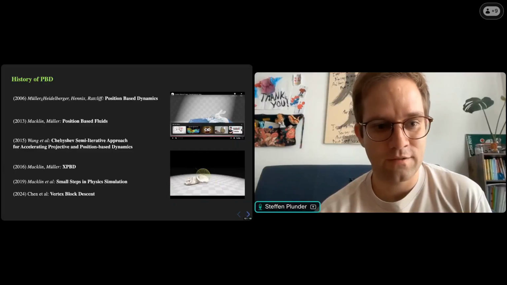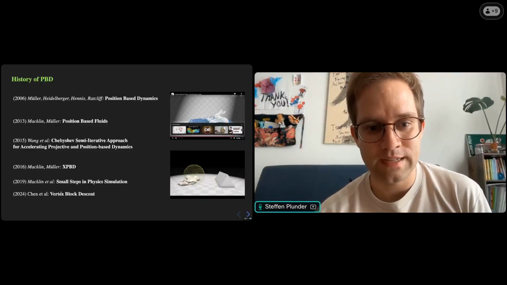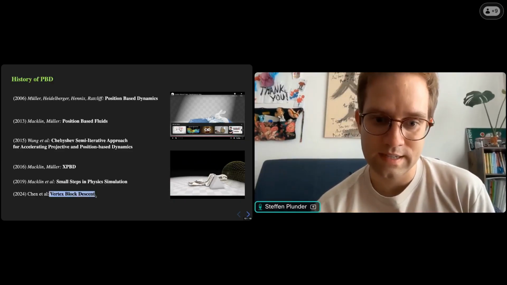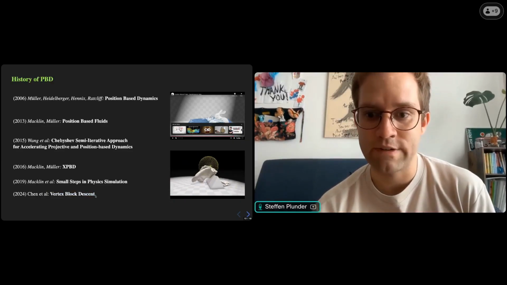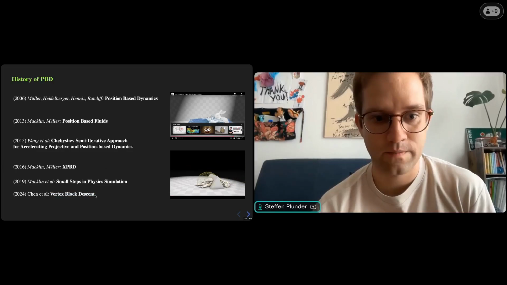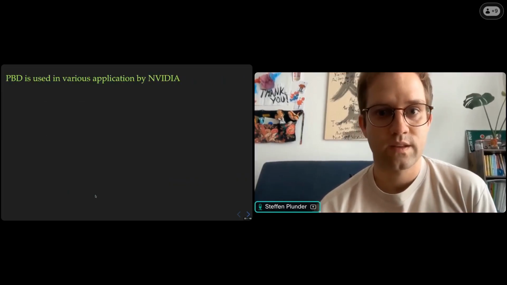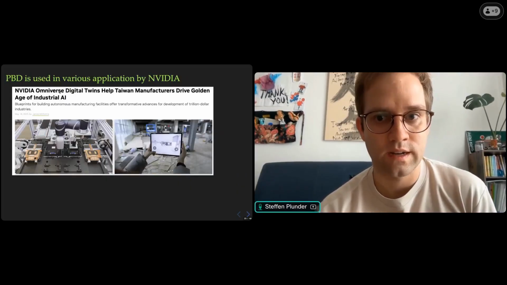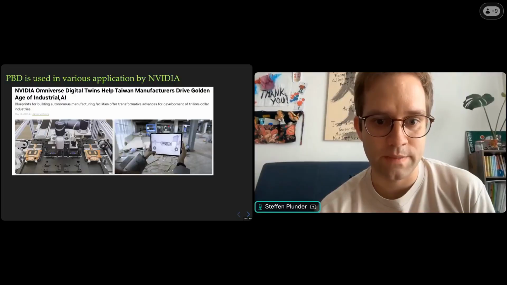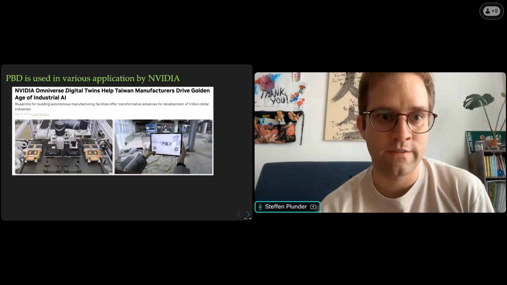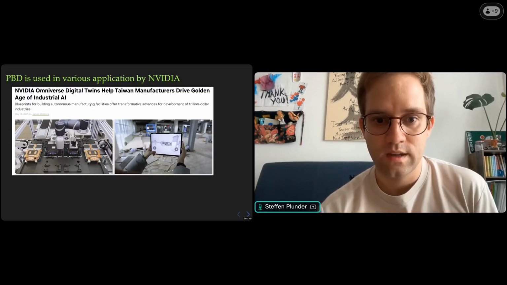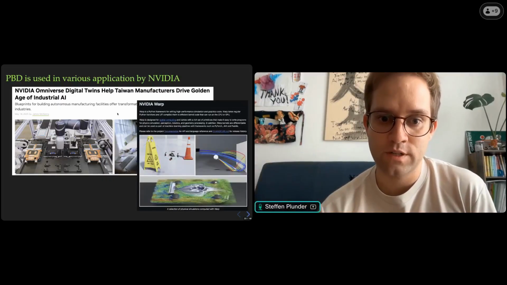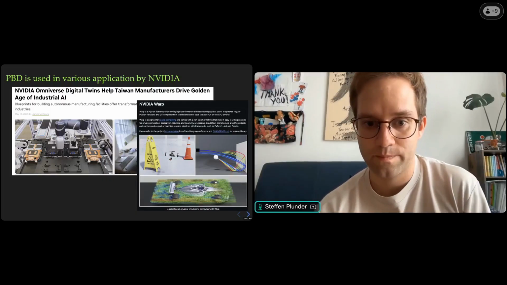There has been a lot of research on these kinds of numerical methods in computer graphics. Vertex block descent is also a very nice, very recent method for solid mechanics. And this method is also used in, recently this year, there was a big conference in Taiwan where Omniverse was presented. NVIDIA Warp is another simulation framework by NVIDIA, and both of them use position-based dynamics.